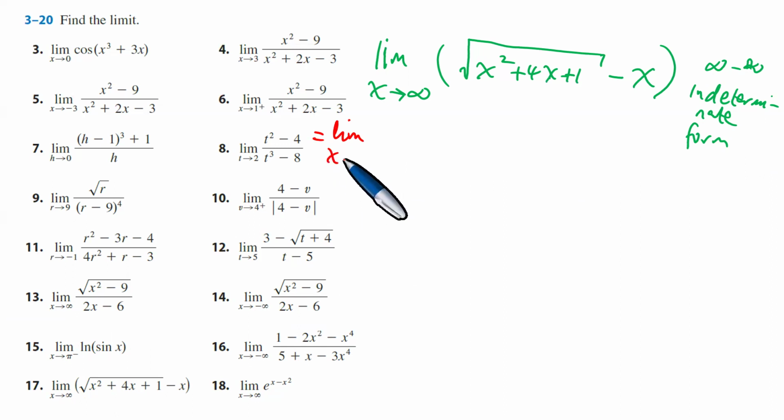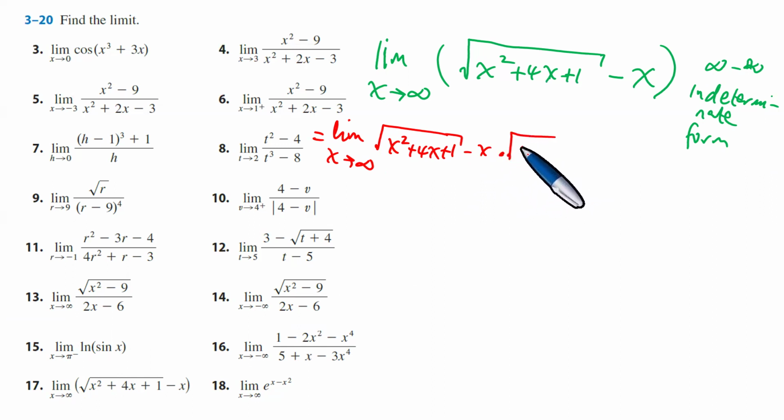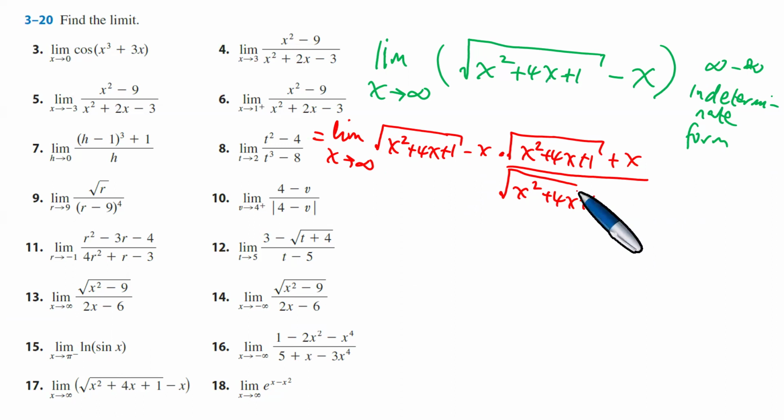So if the limit is x approaches infinity, and then we'd have the square root of x squared plus 4x plus 1 minus x. If you multiply by the square root of x squared plus 4x plus 1 plus x divided by the square root of x squared plus 4x plus 1.